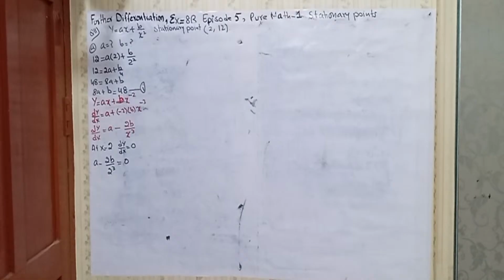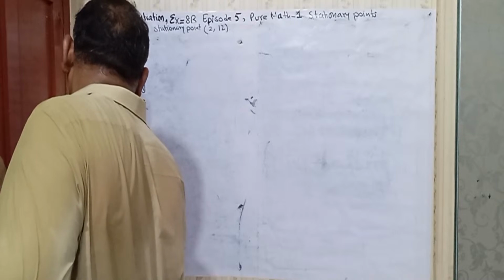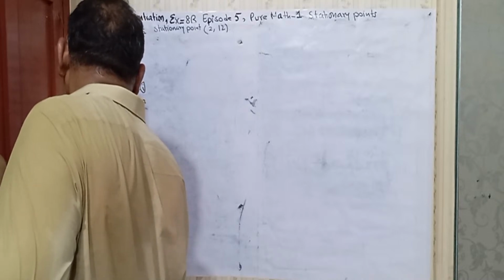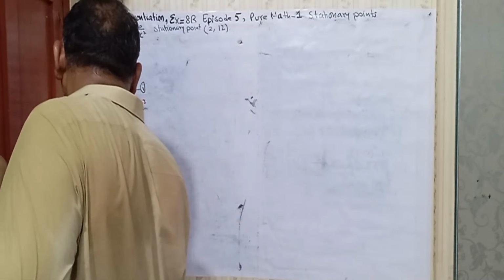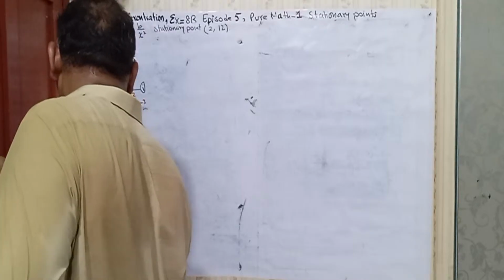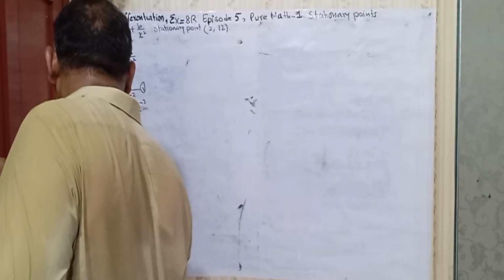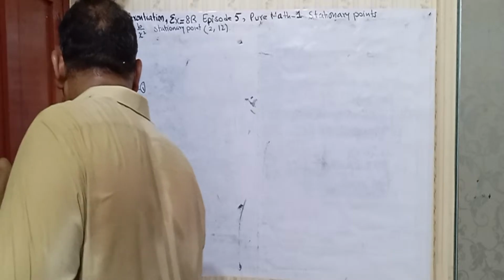We know that the stationary point is at (2, 12), so dy/dx at x equals 2 will be 0 because it's a stationary point. So you will have a minus 2b divided by 8 equals 0, so a minus b over 4 is 0, giving 4a minus b equals 0. This is my second equation.